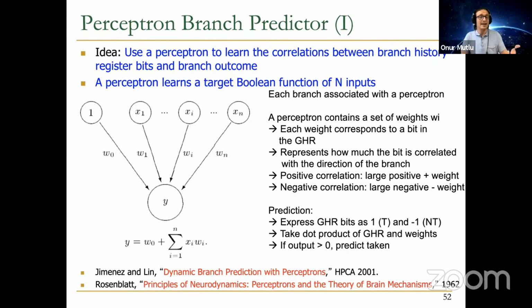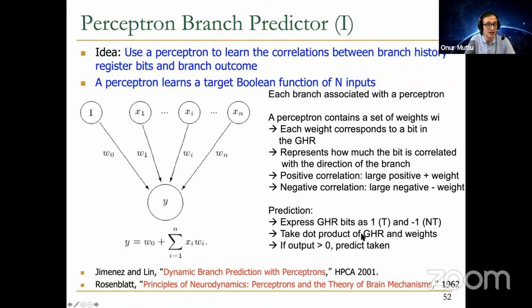Okay. And then, when you're predicting, you first train to learn the weights, and there's a training function, which I'm going to show you in the next slide, but we're not going to go into detail. Like any machine learning algorithm, you need a training function so that you can do the classification correctly afterwards. But the prediction function expresses global history register bits as 1 and -1, taken and not taken.